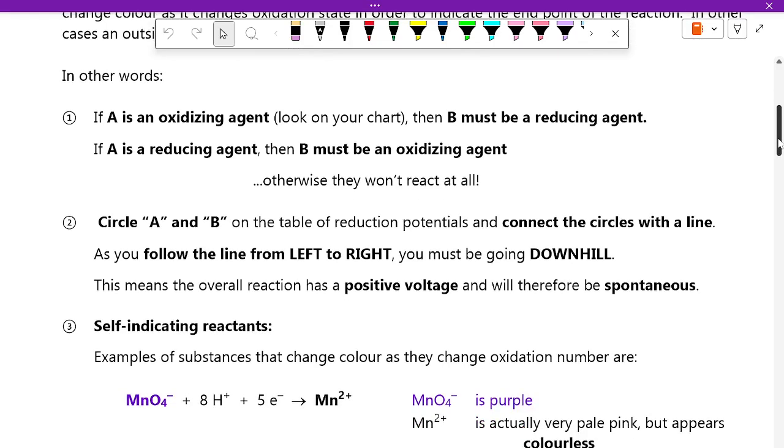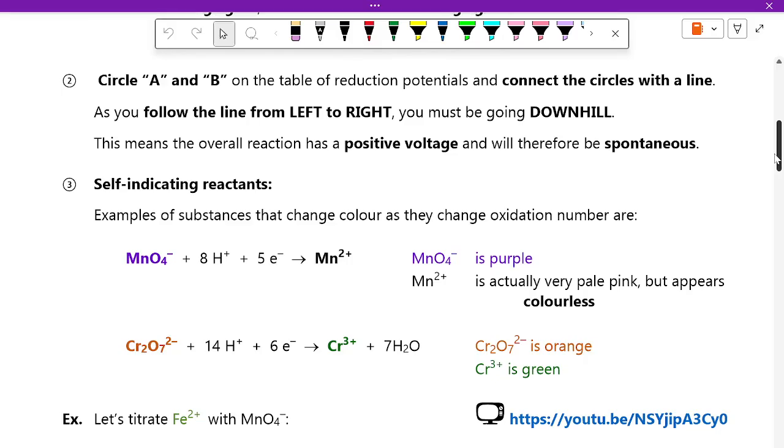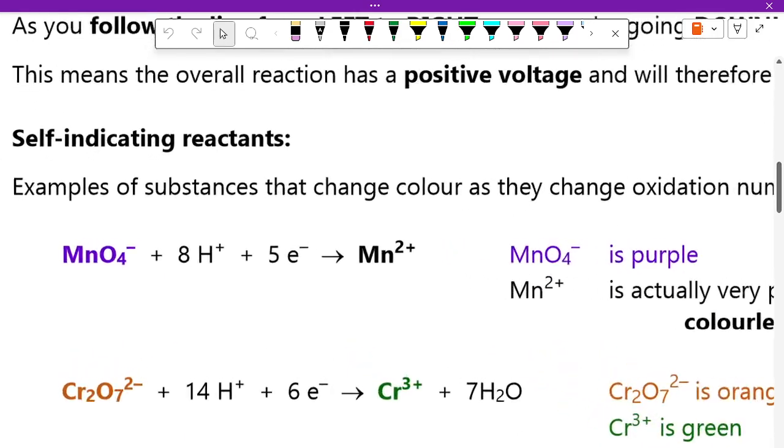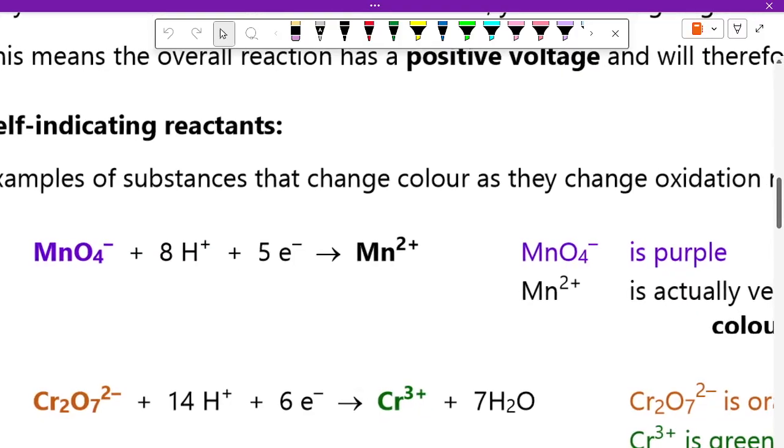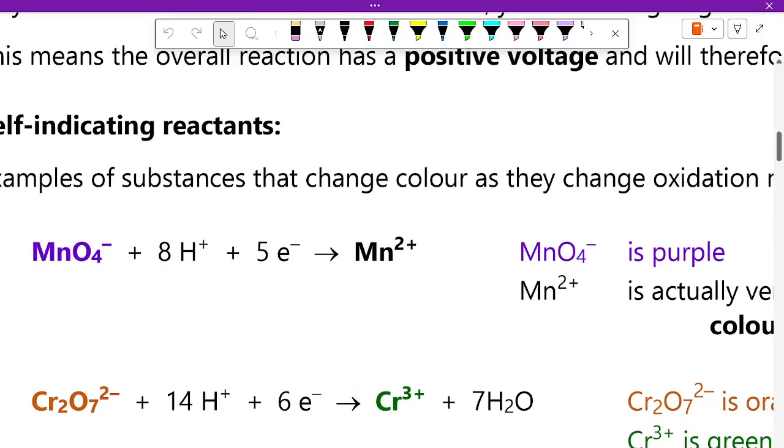Before we go into it, let's talk about self-indicating reactants. MnO4, when it changes from MnO4 to Mn2+, goes from being purple to being a very pale pink.